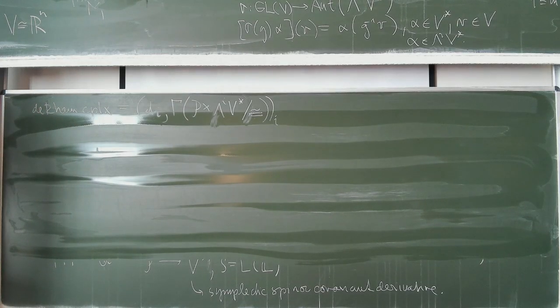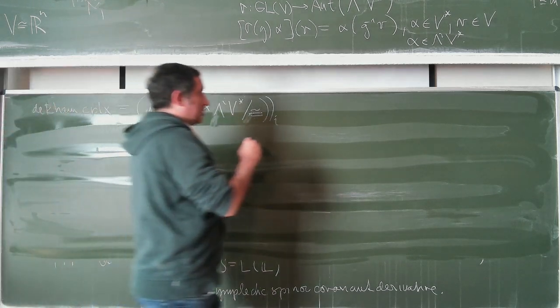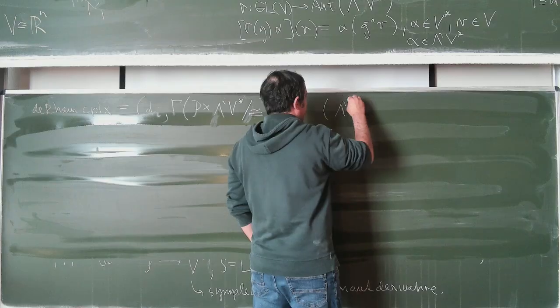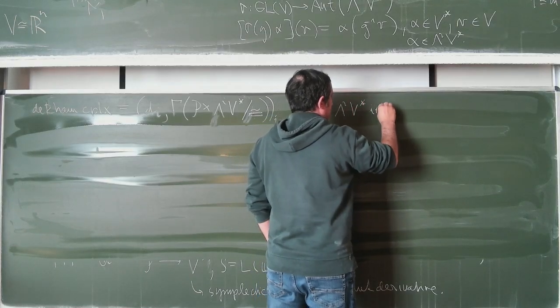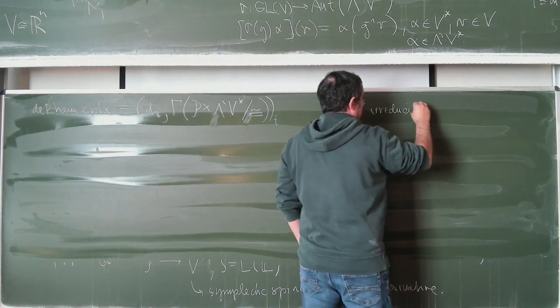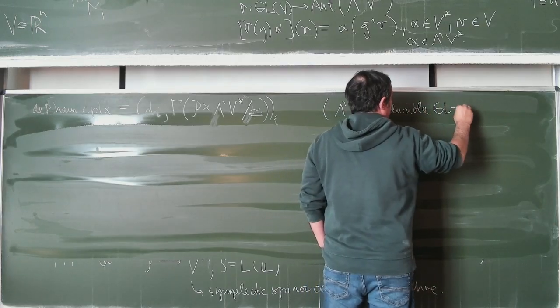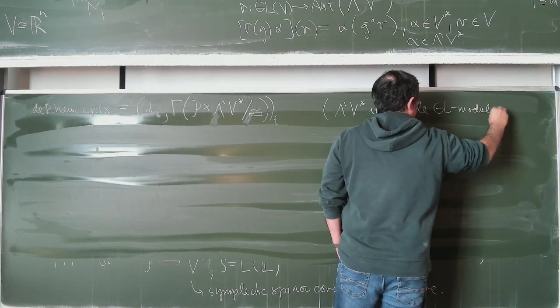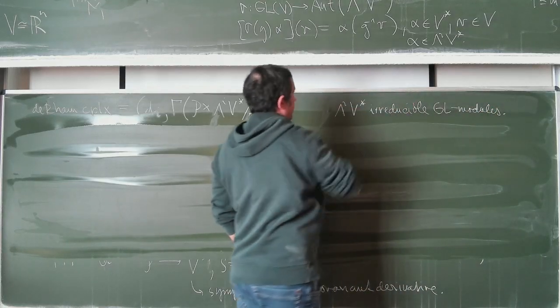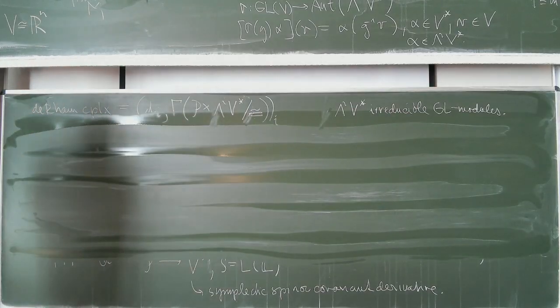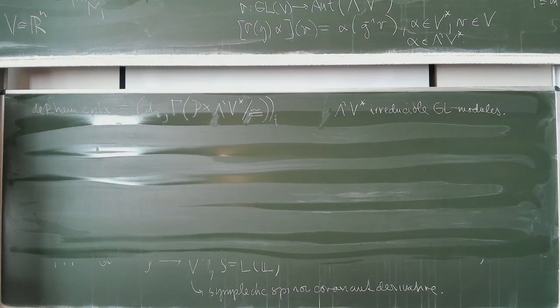Maybe you know that the representations of GL on the exterior forms are irreducible. This is a simple fact.